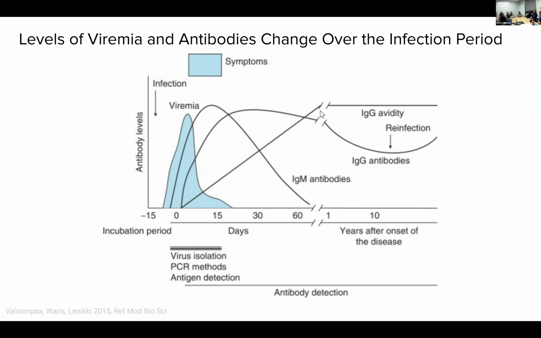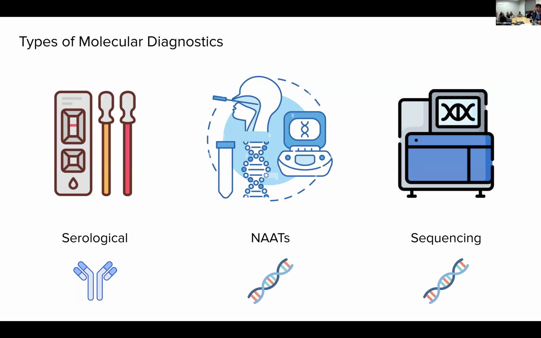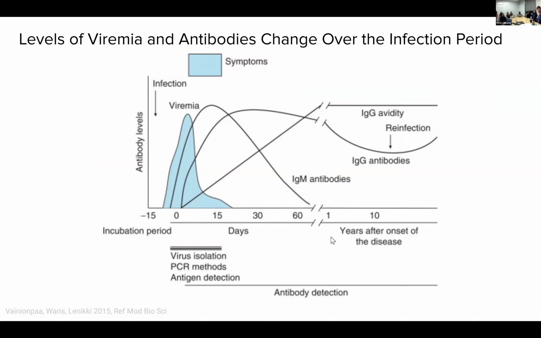I have a question. Yeah. Excuse my ignorance, but when you're detecting antibodies, these are the antibodies that you produce as a response to the infection? Yes, exactly. That's what this graph is showing, the immune response to a certain pathogen. This is a graph that I pulled from a paper reviewing a viral pathogen.